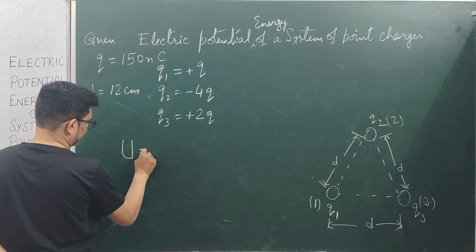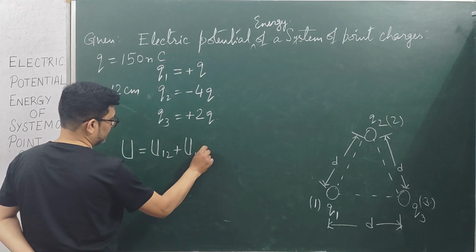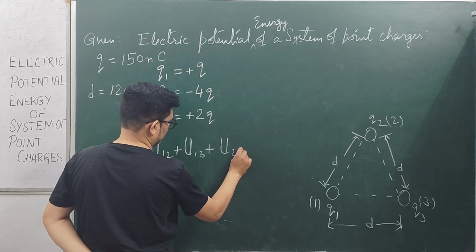So this net potential energy would be equal to U12 plus U13 plus U23.